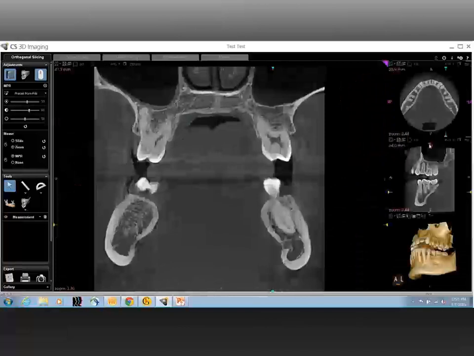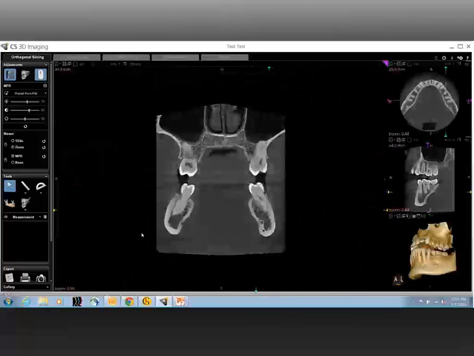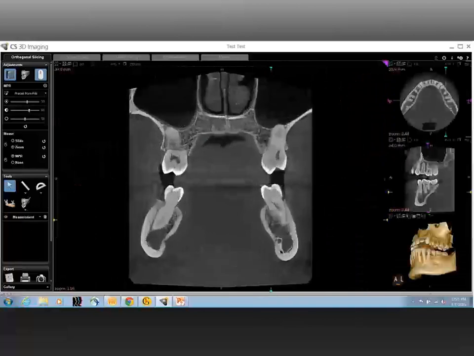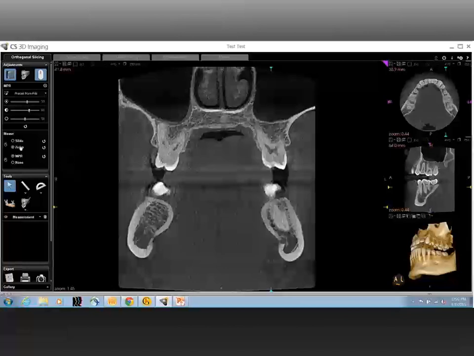And then you can look at the cancellous bone. The cancellous bone is encased in the cortical bone, which is the interior part of the mandible, or any bone for that matter. And that also shows the pliability of the bone, the density of the bone, and things like that. The trabeculation pattern also indicates many different conditions of the bone.